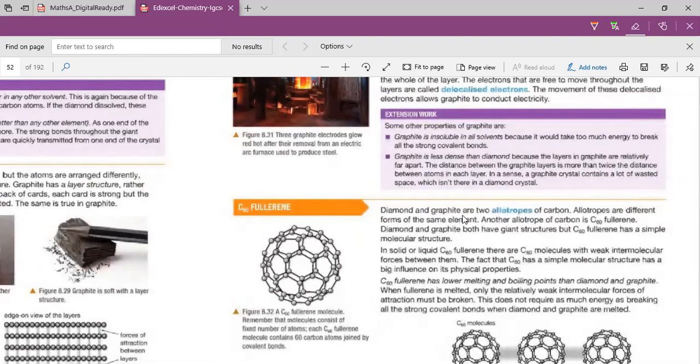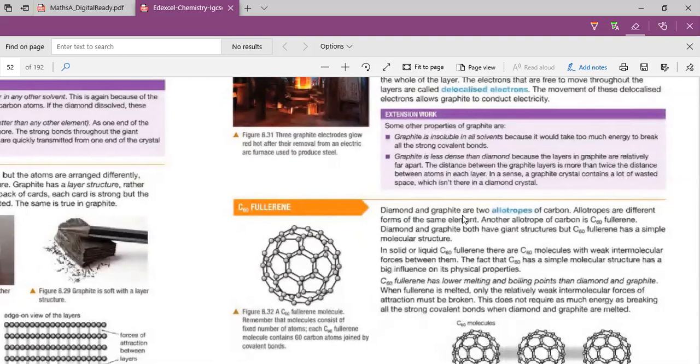Again, graphite is less dense than diamond because the layers in graphite are relatively far apart. The distance between the graphite layers is more than twice the distance between atoms in each layer.